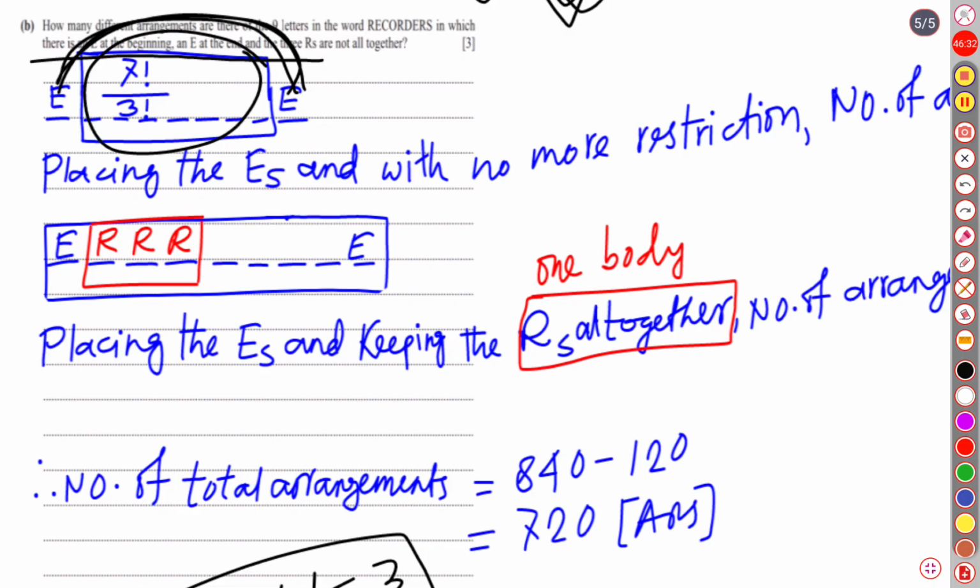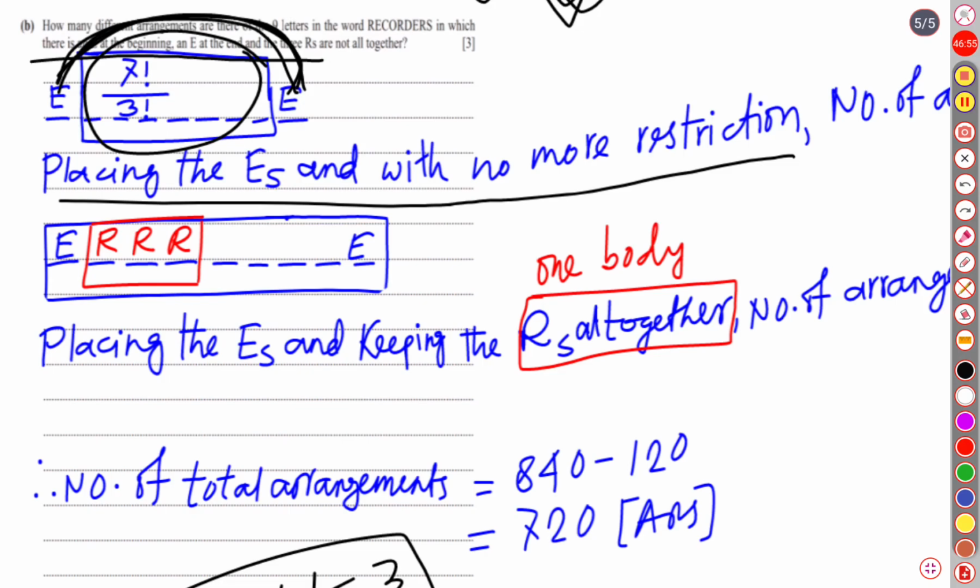Out of these 7 places, there are 3 r's. From the immediate previous question we have come to know that whenever there is something identical, that number will divide. So placing the e's at the beginning and at the end with no more restriction, we are then rearranging the rest of them.